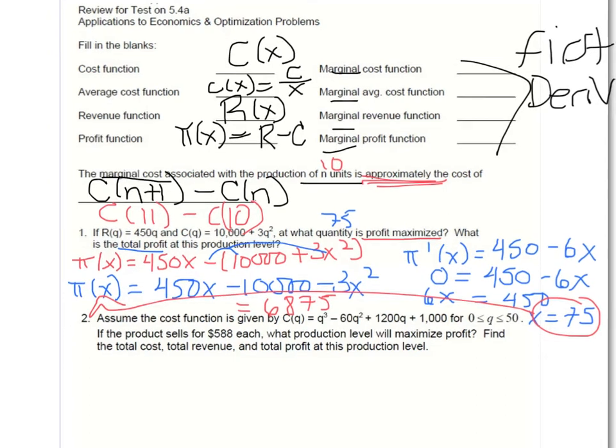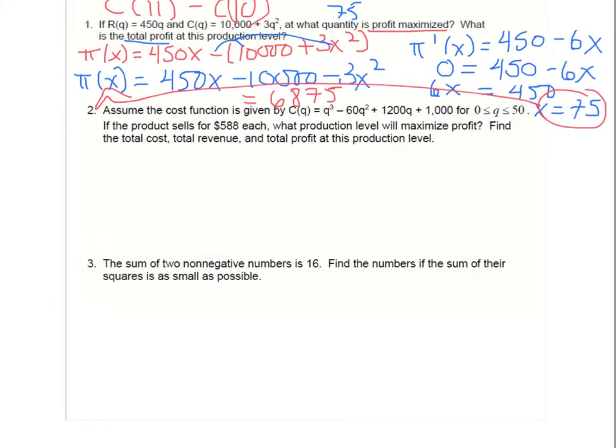Now for number 2, we have to find a revenue equation before we can find our profit equation. So the revenue is 588x. So then profit is 588x minus the entire cost equation.